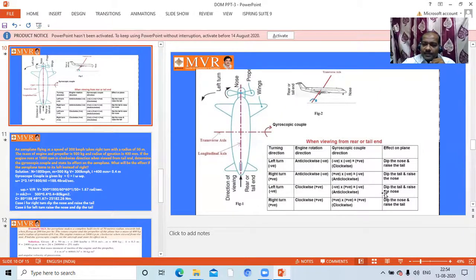Left turn, dip the tail and raise the nose. Right turn, dip the nose and raise the tail. It is better to understand the concept. If you feel ambiguity or difficulty in understanding that, you can remember these four so that you can utilize this concept for answering exam questions.